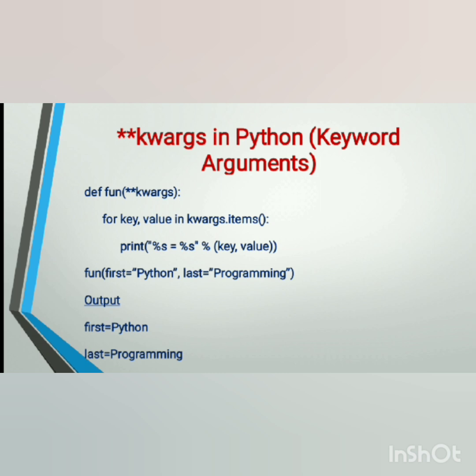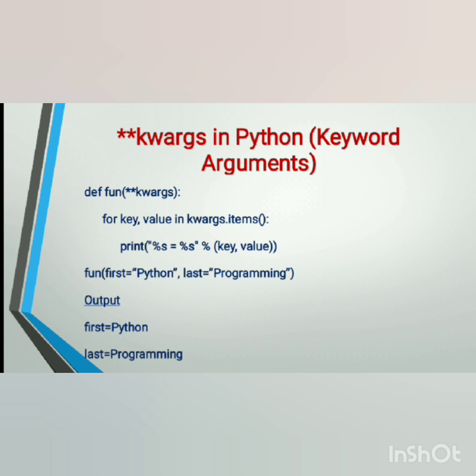Here we have only one parameter. These 2 arguments are assigned to this single parameter. Since we have passed keywords also, in the function definition we are using double star. So as usual, by using a for loop we get the parameters one by one and print the key and value pairs. So both pairs will be printed.